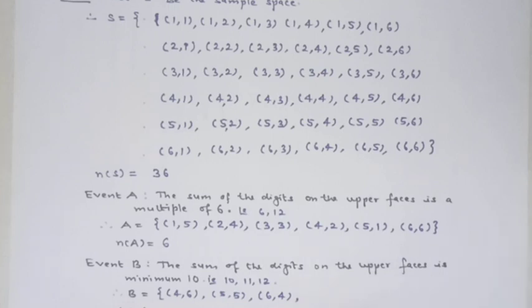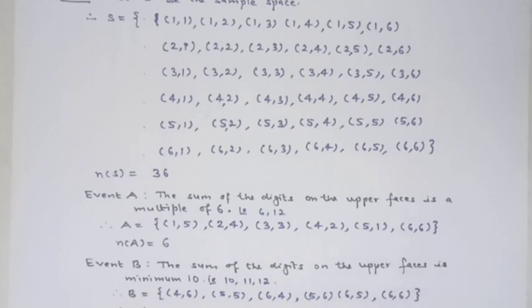Now let's go for 11. For 11 you may have two cases: 5 and 6, and 6 and 5. So write 5 and 6 and 6 and 5. That's all. And 12, 6 and 6.